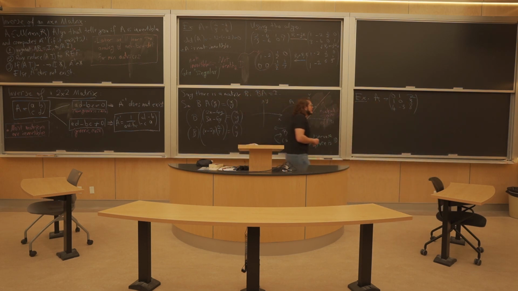Now, later on, after the first midterm, we're going to learn how to compute the determinant of this 3 by 3 matrix. It's, again, a formula. It's slightly more complicated than the one that we have over there. But still, there's a formula. But at this stage, we don't have access to this formula. So what we're going to do is to use the algorithm.